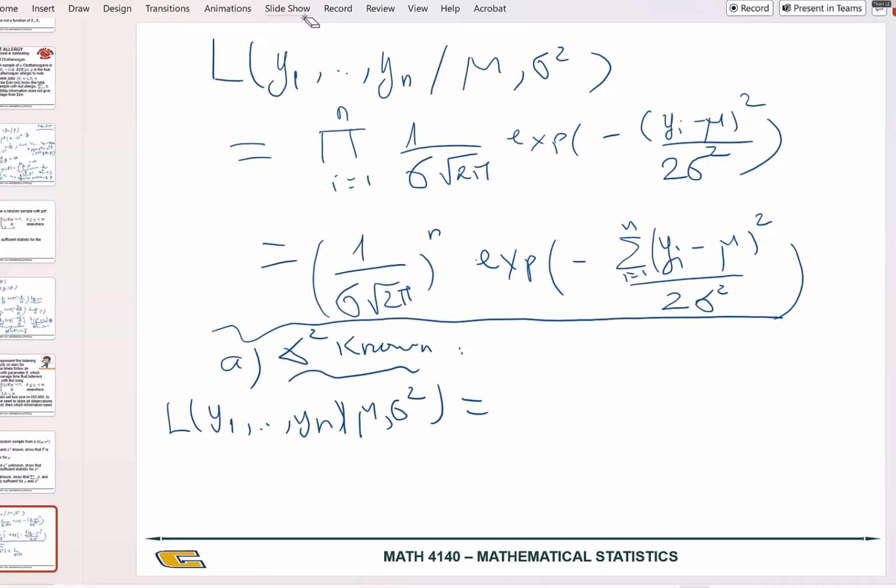Basically, my goal is to throw the constant part away. So it will be proportional to. I think this is how they do the notation.